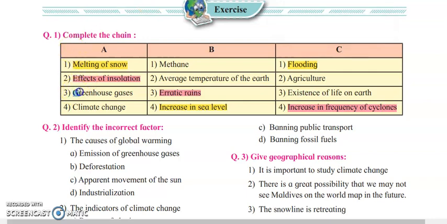Greenhouse gas releases methane and it is basically used for agricultural purposes. Next we have climate change. Climate change is going to result in a change in the average temperature of the earth, which is later on going to affect the existence of life on the earth.